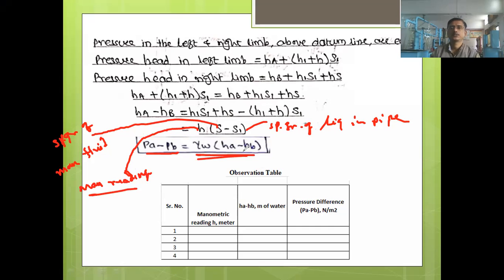Is it over, everyone? Yes, is it over? Observation table, formula.